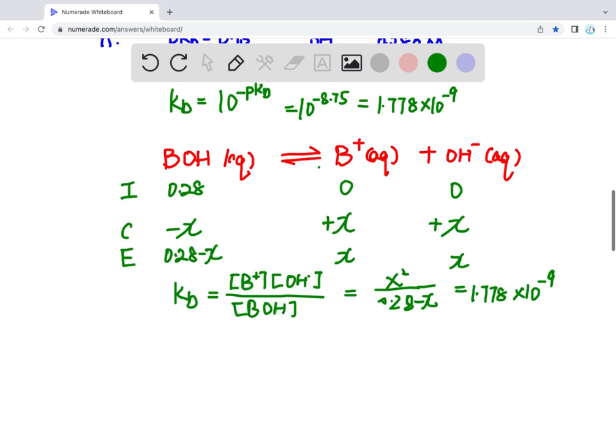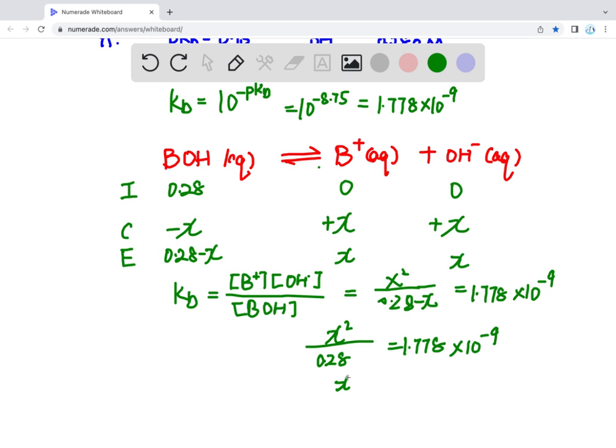So in this case, we can make some assumptions, right? The X should be very tiny because you can see the Kb is very small. So that becomes X squared over 0.28 equals 1.778 times 10 to minus 9.